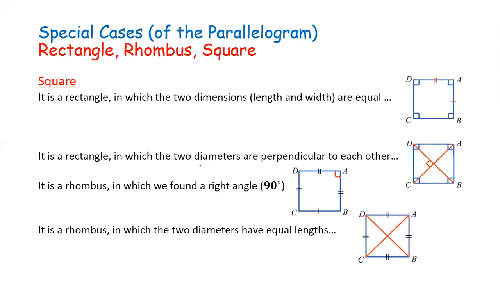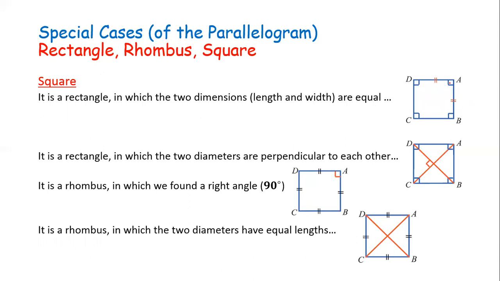The last case is the square. The square is a rectangle in which two dimensions, length and width, are equal. So here we have a rectangle. We can notice that it's first a parallelogram, and then it's a rectangle, since at least one of the angles is 90 degrees.